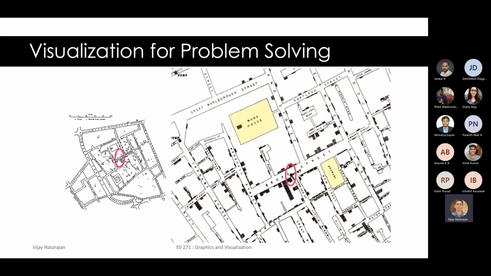Now this also helped them go and fix the problem. They knew where to fix it first, right? And they could quickly bring the problem under control. So this is touted as one of the early applications of visualization to solve a health crisis problem.